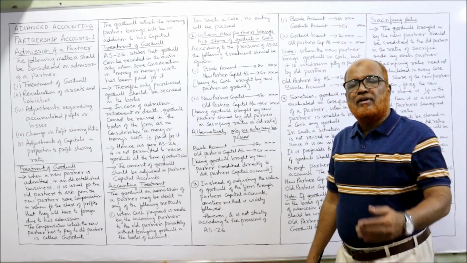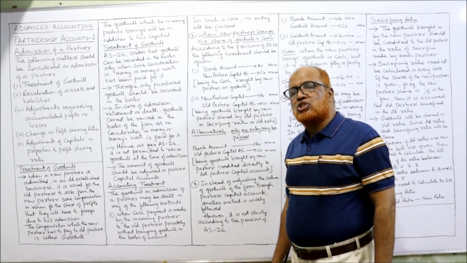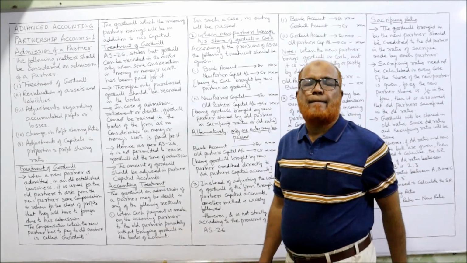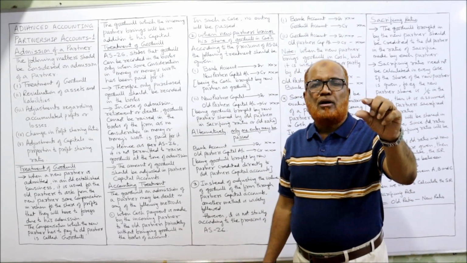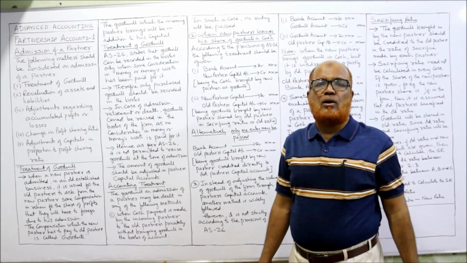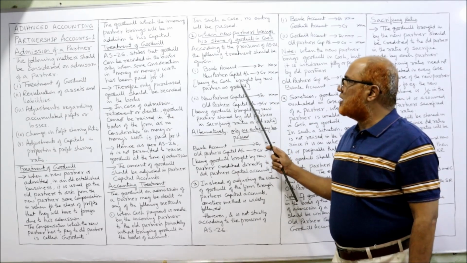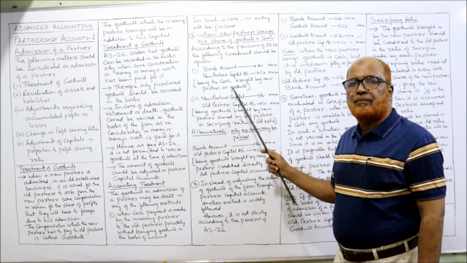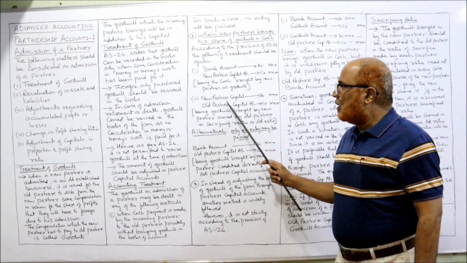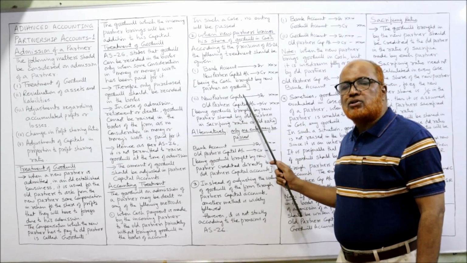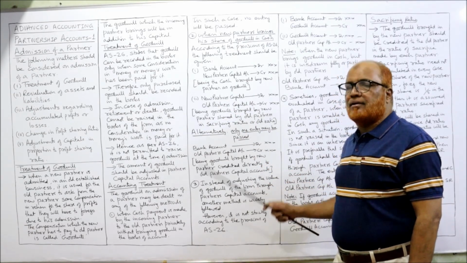First of all, when the new partner brings cash, bank account should be debited, and new partner's capital account should be credited, being the cash brought by the new partner as goodwill. First entry. Now, the second entry: new partner's capital account debit, old partner's capital account credit.